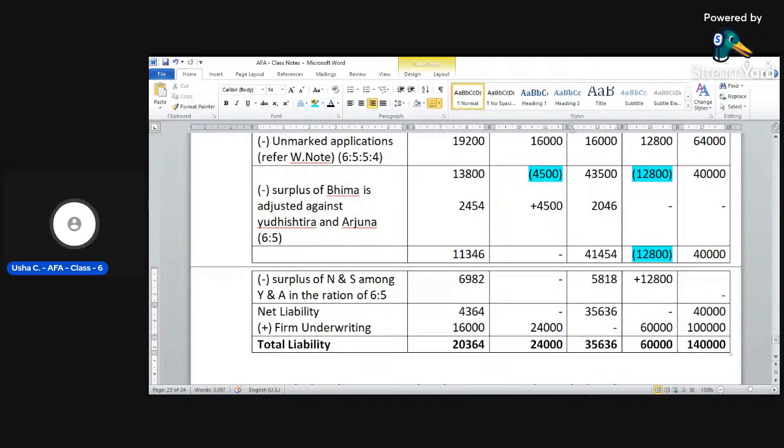Instead, according to the format, we distribute the unmarked application in the gross liability ratio among all the underwriters. Out of the total 20,000 applications, the unmarked application was 4,000. That 4,000 was distributed among me and the other underwriter in the gross liability ratio. So my portion of the unmarked application, like 2,000, came as a liability. But since my portion of the liability is finished, that 2,000 left must be the liability of the other underwriter, correct?